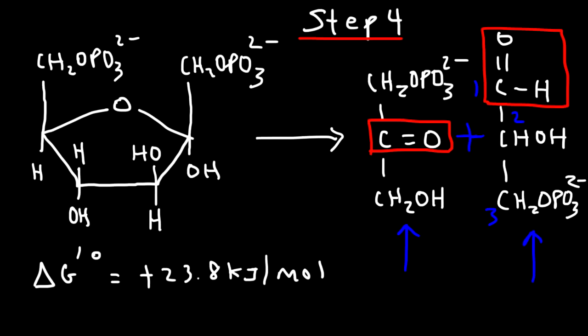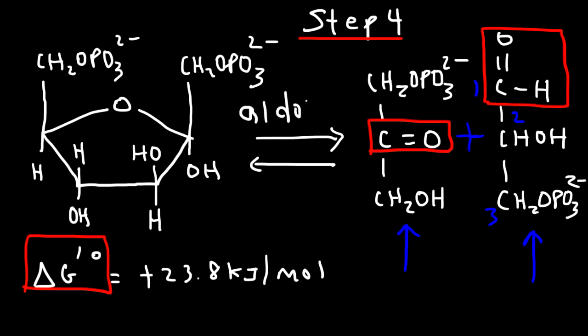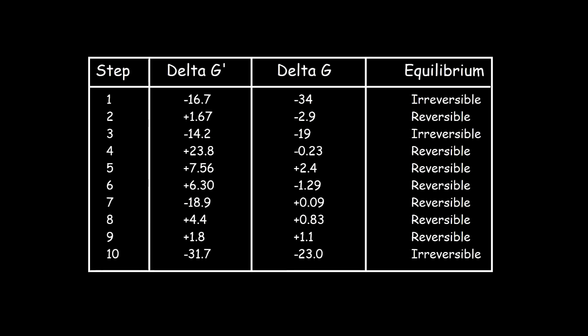It turns out that this particular reaction is reversible. We're going to talk more about that later, but the enzyme that catalyzes this reaction is known as the aldolase enzyme, which is used to catalyze a reversible aldol condensation reaction, which is what we have in step 4.